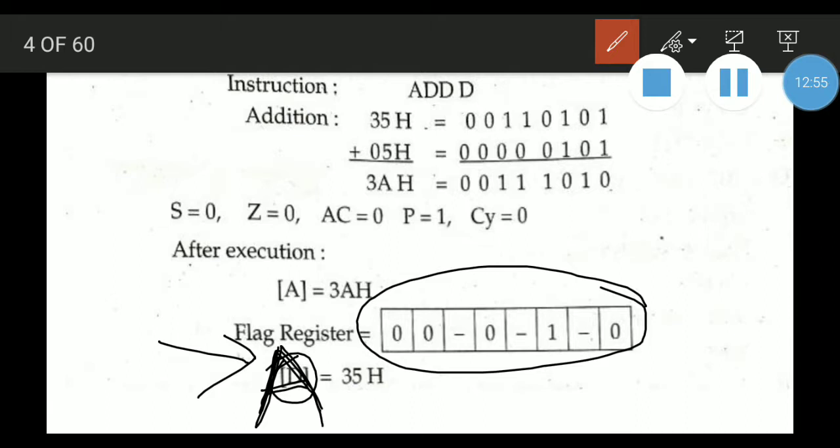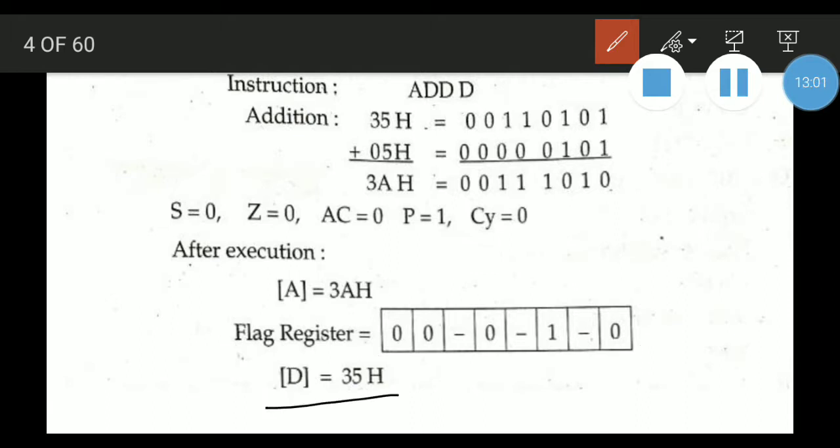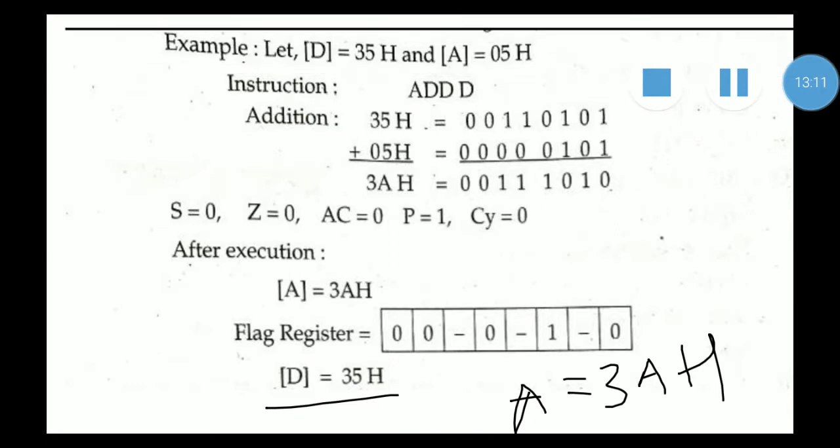D contains 35. Then what is there in A? A will have 3AH. What was the question? Previously, before execution, A was containing 05. After execution, in A you get 3A. Understood?